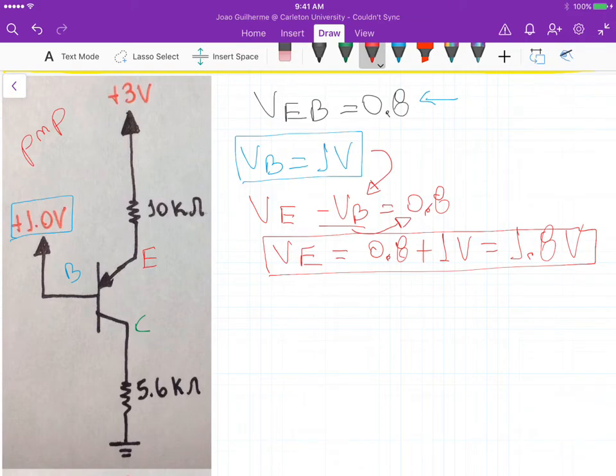Now, because we know VE, right, so we know this potential here, we can calculate this current.